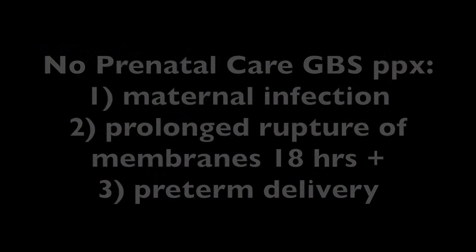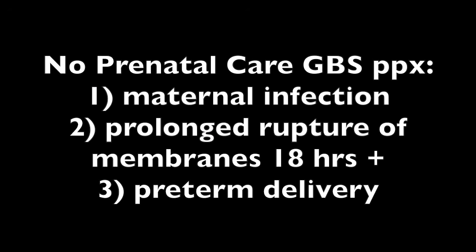If you don't know the mom's group B strep status because she wasn't following up with her clinic visits, then you give prophylaxis under 3 conditions. 1 is maternal fever. 2 is prolonged rupture of the membranes, which is greater than 18 hours of rupture of the membranes, which I talked about earlier.